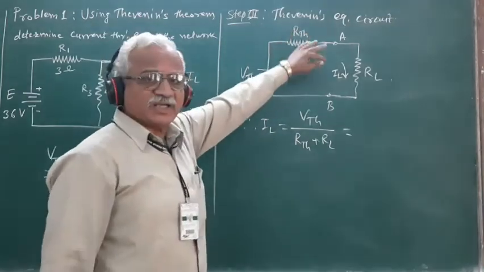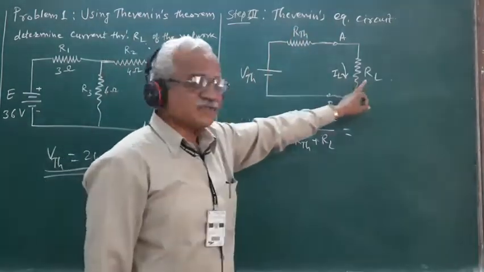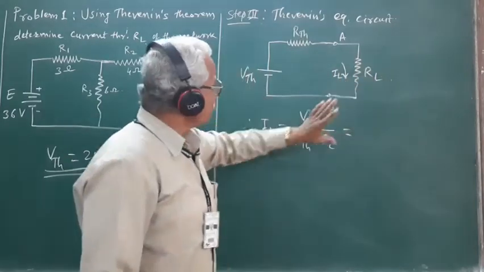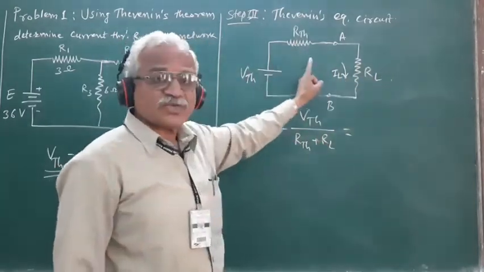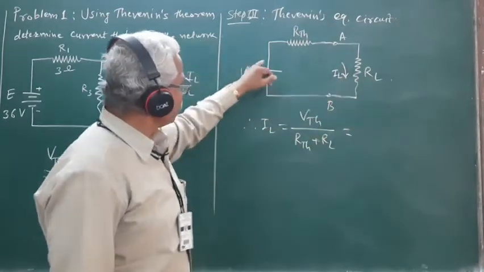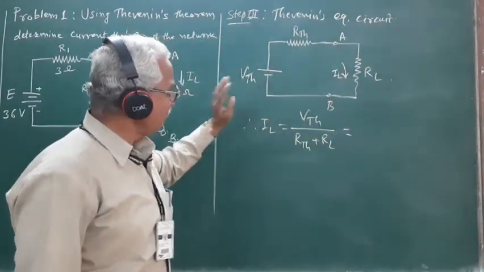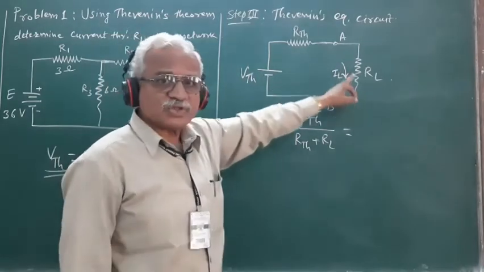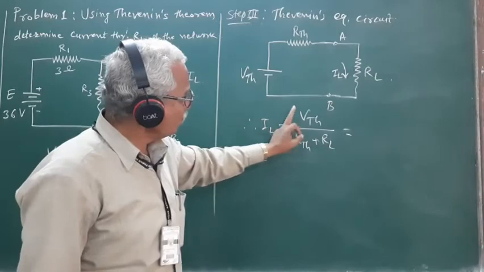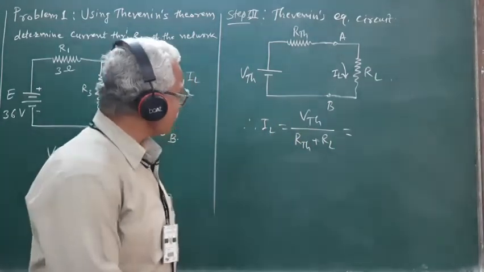RTH is the internal resistance of the source and RL is the value of the load resistance connected to the right of the terminals A and B, so that the total resistance of the circuit becomes RTH plus RL, and the EMF of the source is VTH. So the current flowing to this load resistance RL is given by IL equal to VTH upon RTH plus RL.